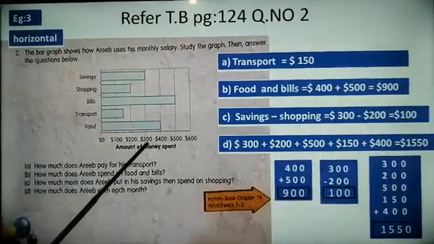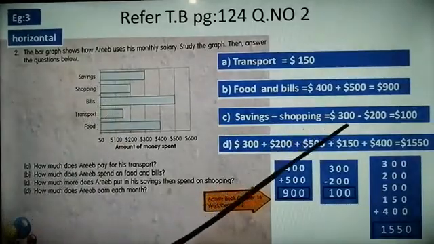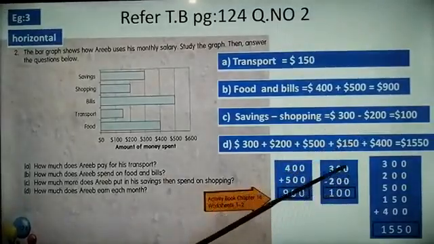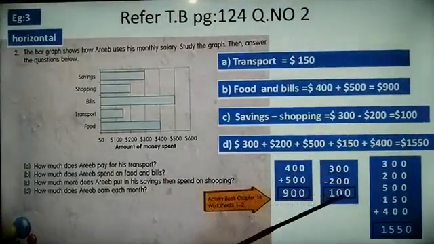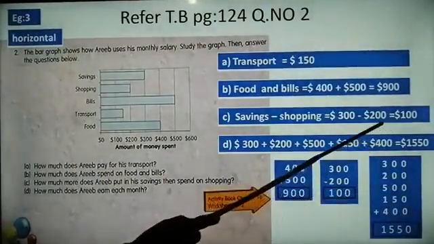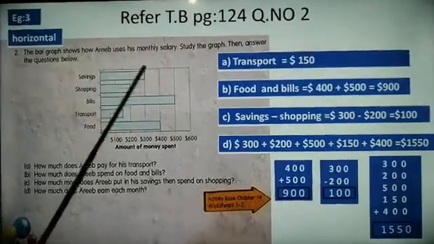He saved $300 and for shopping he spent 200. So 300 subtract 200. The working is here. 0 minus 0, 0. 0 minus 0, 0. 3 minus 2, 1. So he put $100 more in his savings than in shopping.